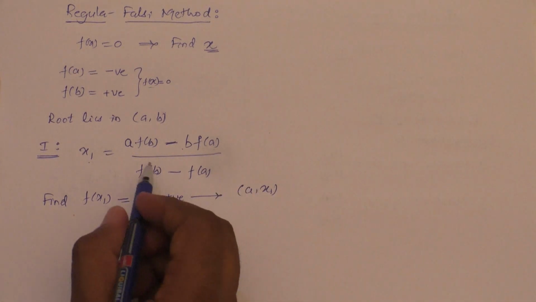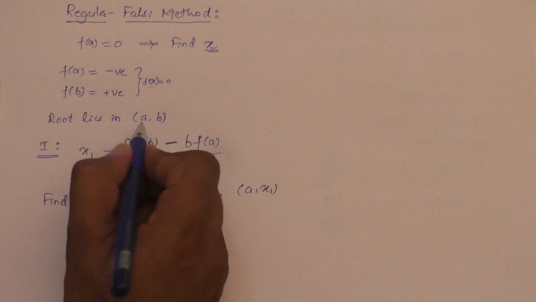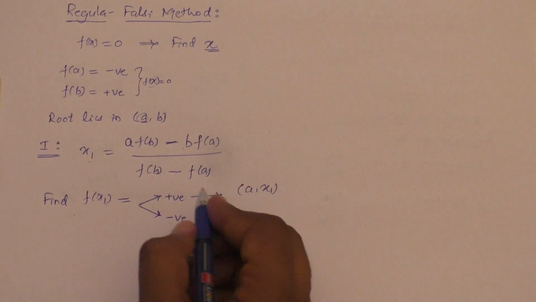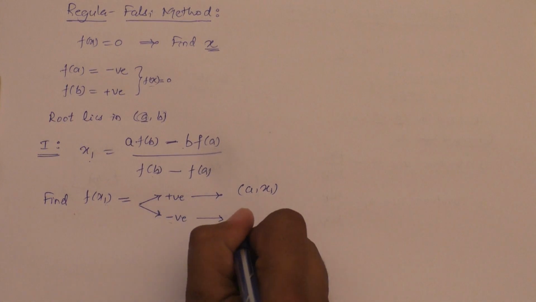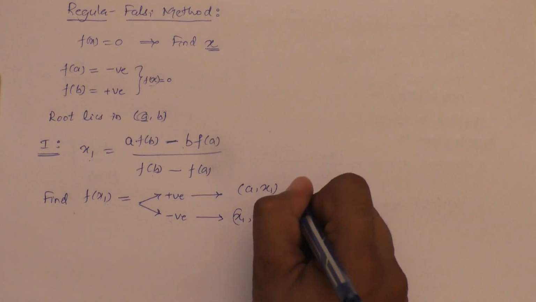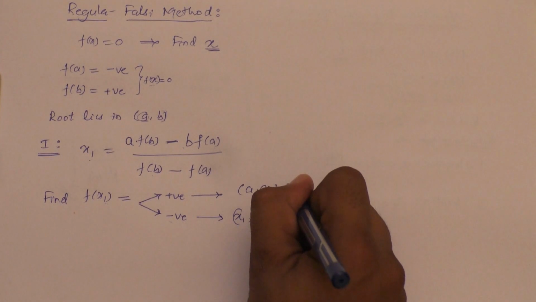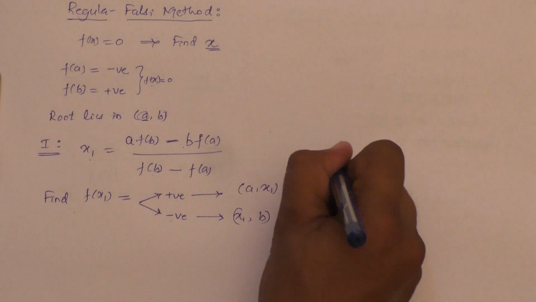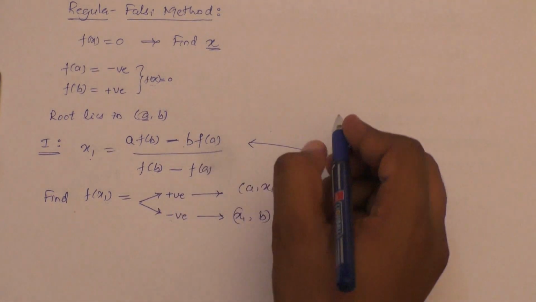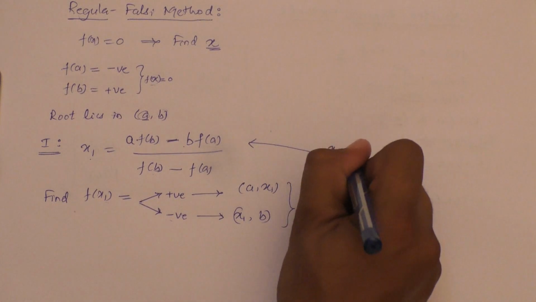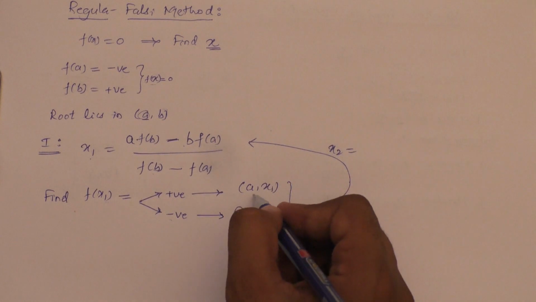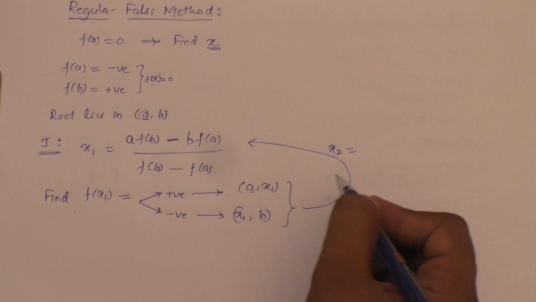On the other side, if f of x1 is negative, you need to replace a by x1, so the root lies between x1 and b. Using the new interval, you again write the same formula, x2 equal to a f of b minus b f of a divided by f of b minus f of a, considering the first value as a and the second value as b.